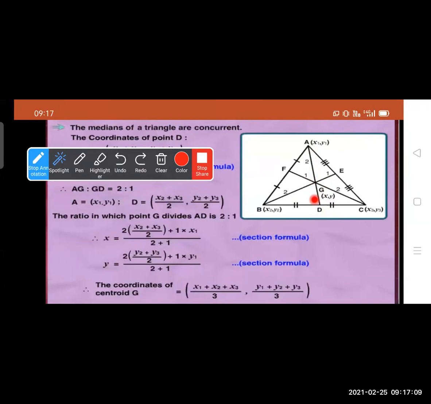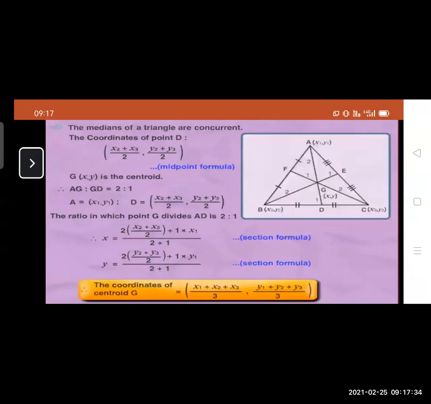So here we use the section formula: 2 into the x coordinate plus 1 into x1, over 2 plus 1. Similarly, we write the y coordinate: 2 into the y coordinate plus 1 into y1. Okay, solve this.